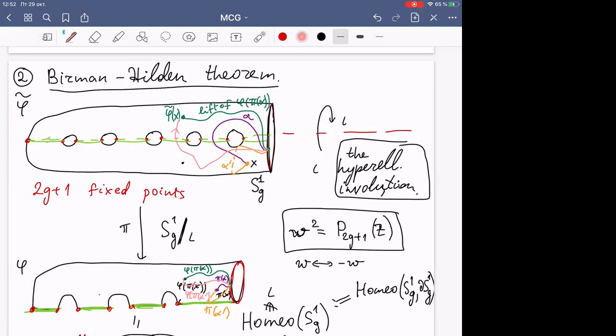So they lead to the same phi tilde of x.